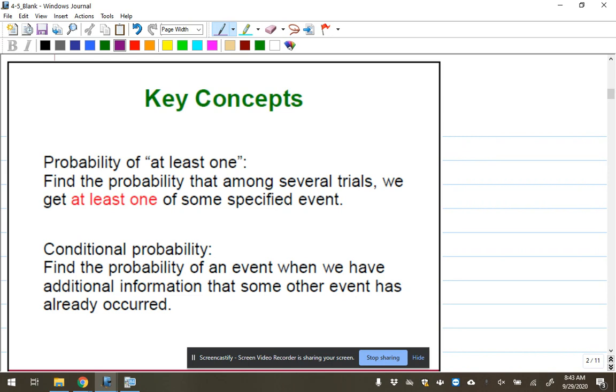And then conditional probability, so probability of an event when we have additional information that some other event has already occurred. So a given, this has already happened, or in this case, it might be that we narrow our sample space down.